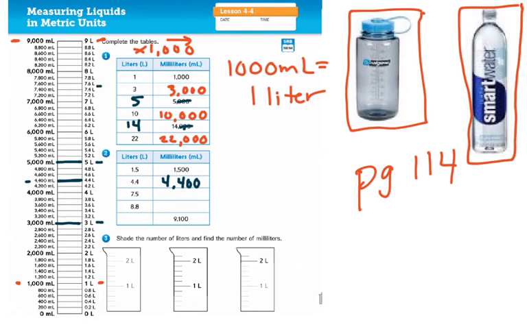Well, we don't have 7 5/10 here, but it's halfway between here and here. So it'd be 7,000, and then the 5 represents the 500. 8 8/10 is right here. It would be the same as 8,800 milliliters.